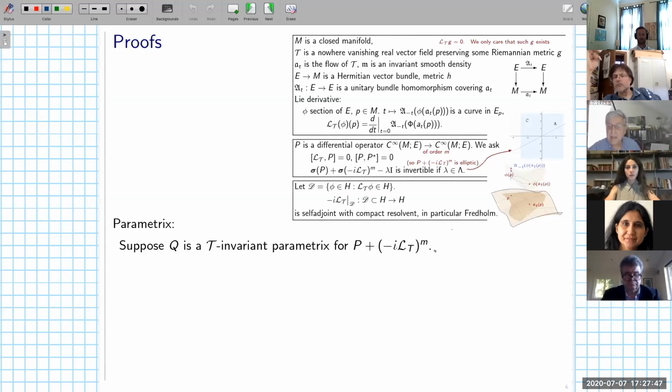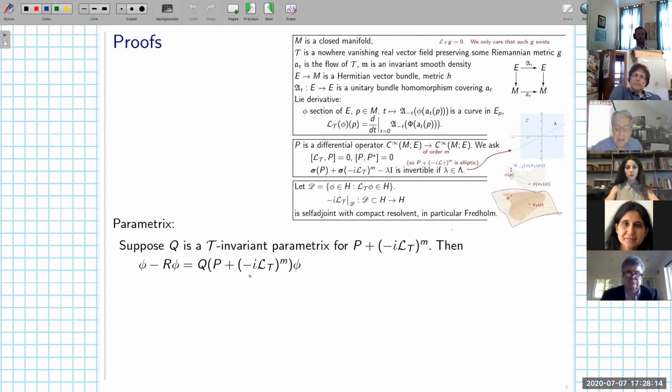Then I get an error, which is a projection on a finite dimensional space, and then argue that this inverse, which exists from an abstract point of view, is actually a differential operator. So there is a differential operator Q that solves this problem modulo a smoothing operator.